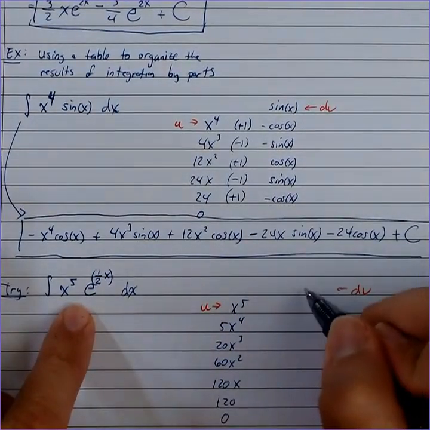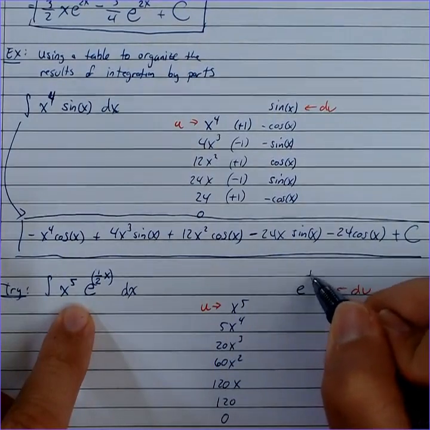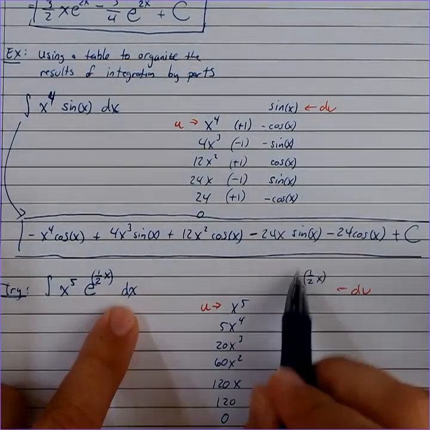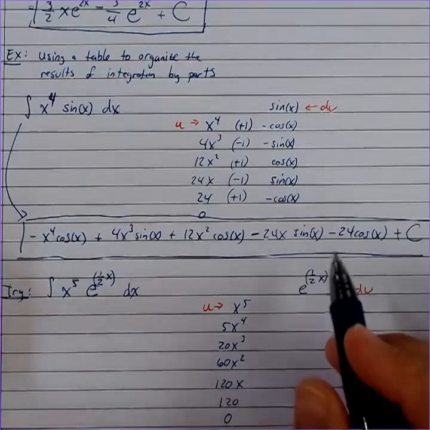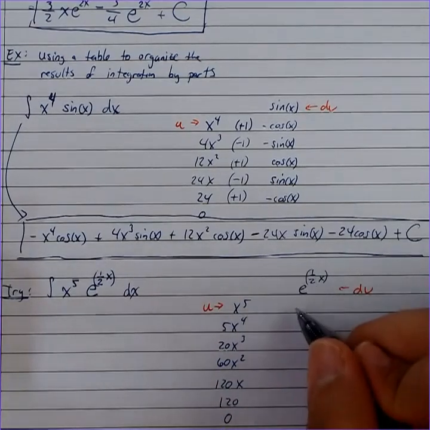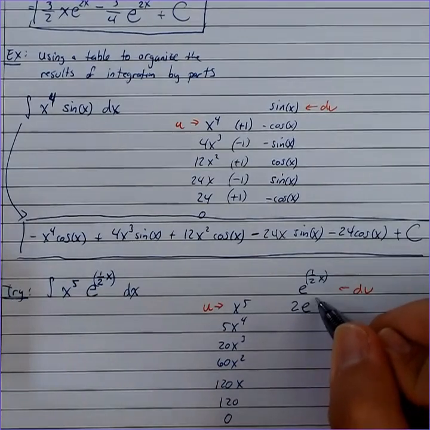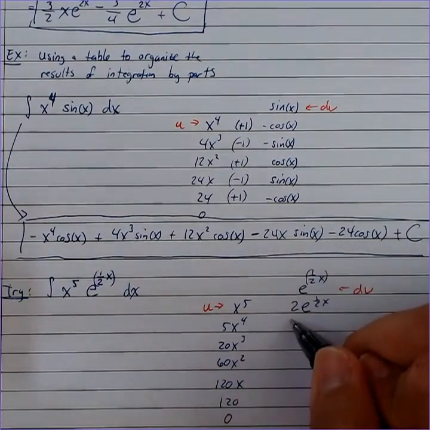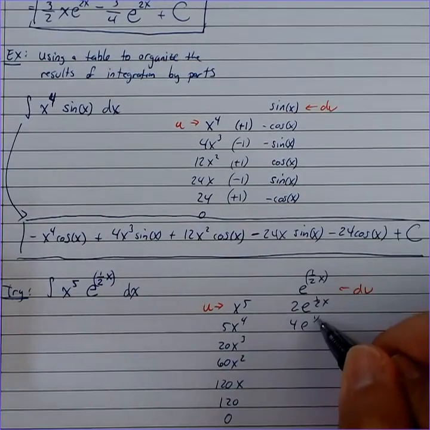dv is this expression here, e to the 1/2 x. Really, it should be e to the 1/2 x dx, but we'll just worry about this part here. And if we integrate this, that's going to be 2e to the 1/2 x. And now just keep integrating until you reach this level, until you get to 0. So that'll be 4e to the 1/2 x.